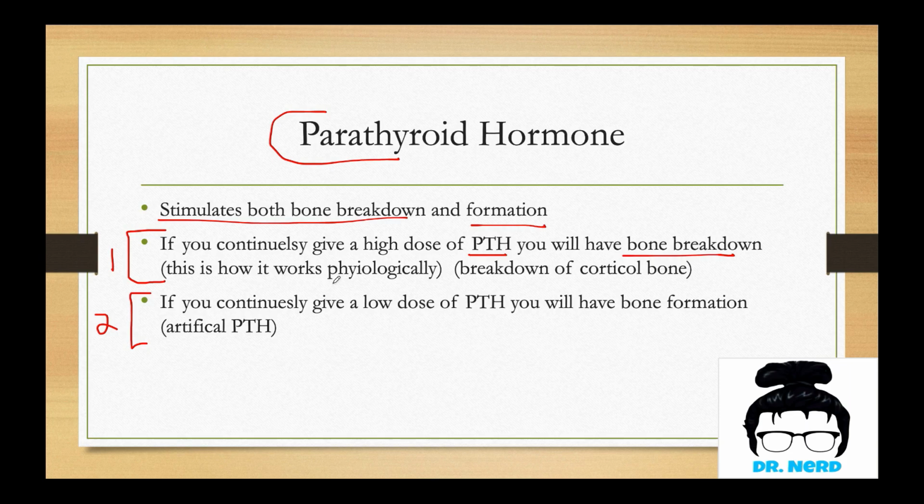And this is how it works physiologically. It'll break down the cortical of the bone, which is the outer hard layer, or the outer shell, if I may. Our second scenario is if you continuously give a low dose of PTH that is artificial, and this will help with bone formation. This is why some of the medication people give for osteoporosis is PTH, but in low doses, and it is artificial.